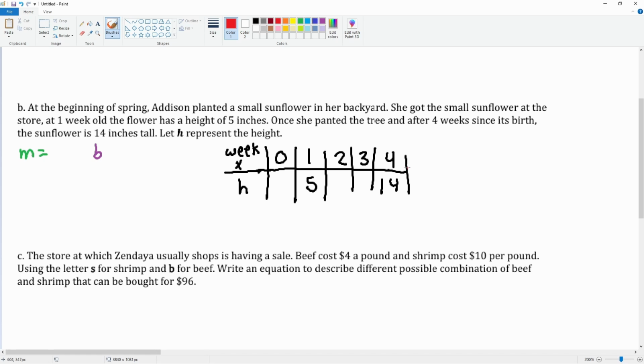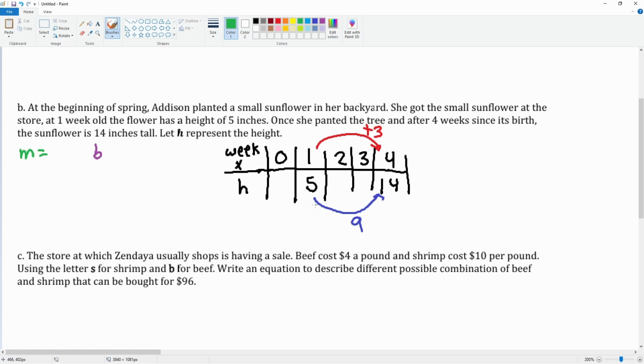Perfect. So what we can do then is we can see the change. So we noticed from here to here it was plus 3. So from here to here, 5 to 14, 5, 6, 7, 8, 9, 10, 11, 12, 13, 14, which is 9. Okay.